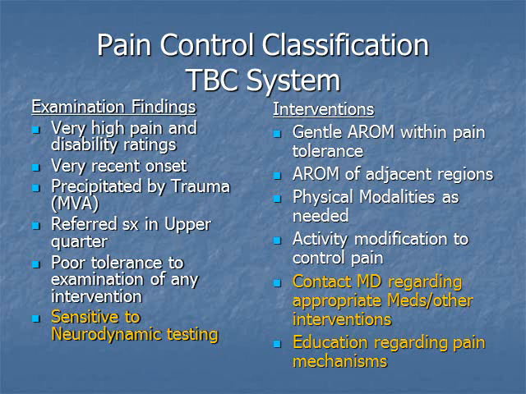Activity modification to control their pain. Possibly I would recommend here contacting their physician regarding appropriate meds or other interventions. And again, there's been some emerging evidence looking particularly at education regarding pain mechanisms to decrease their fear so that they're more confident that they can move safely.